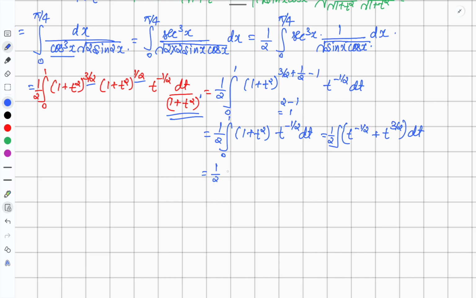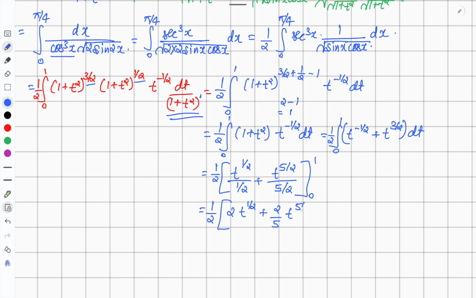So this will be 1 by 2 into t raised to power 1 by 2 divided by 1 by 2 plus t raised to power 5 by 2 divided by 5 by 2, limits from 0 to 1. So this will be 2 into t raised to power 1 by 2 plus 2 by 5 into t raised to power 5 by 2, 0 to 1.